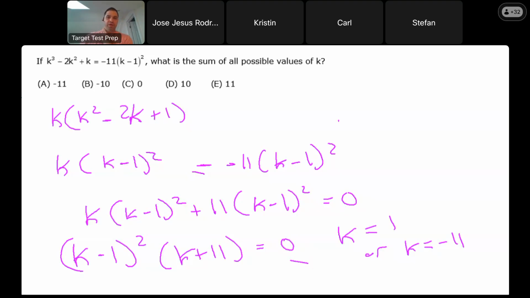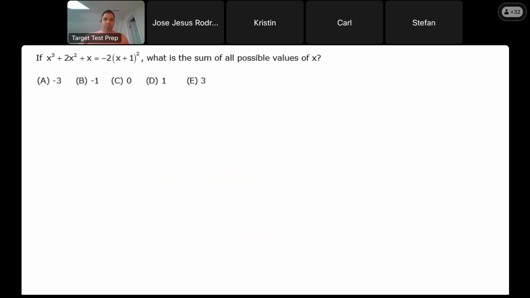Yes, the answer here is B because it's minus 11 plus 1 equals minus 10, exactly. You can't divide both sides by K minus 1 squared because if it's 0, it's going to create an undefined equation.